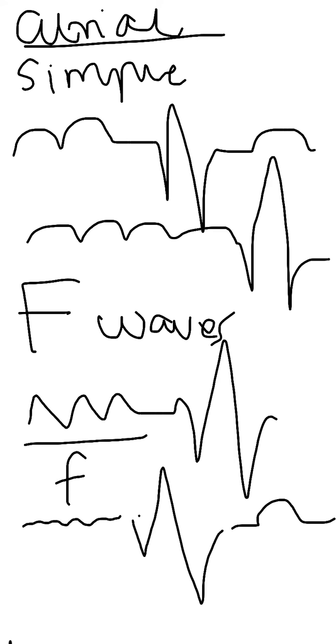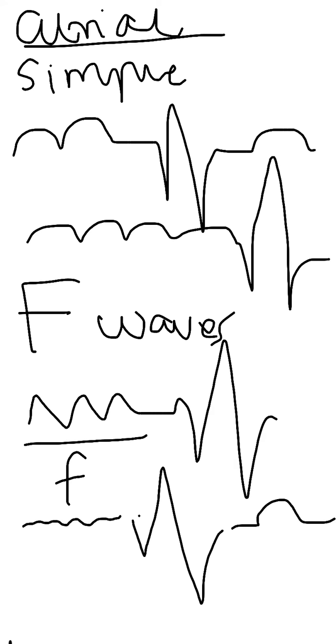In these ones, we could have several vectors that are present and are being recorded. You have several initiating points from the atria that are all causing ectopic foci, or bringing in more action potentials.